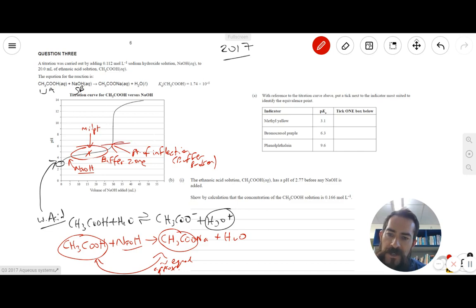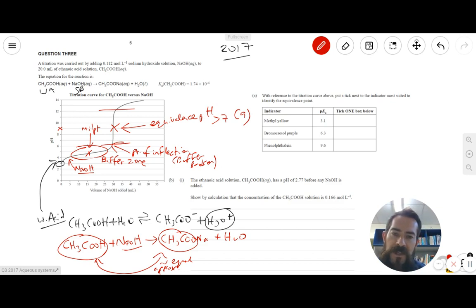If you draw a straight line across here and here, then halfway up that vertical section, you have what's known as the equivalence pH. And the equivalence pH for a weak acid and a strong base titration, remember, is always going to be greater than 7. And you can see there, if you read it off your graph, the equivalence pH looks to be around 9 from this example.